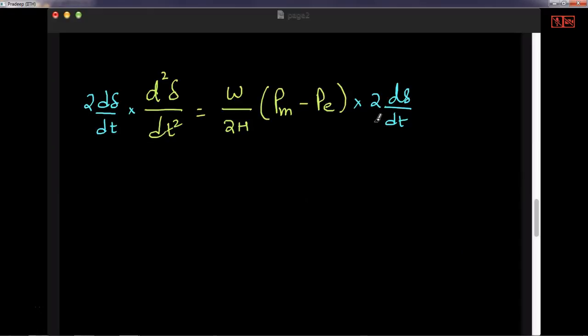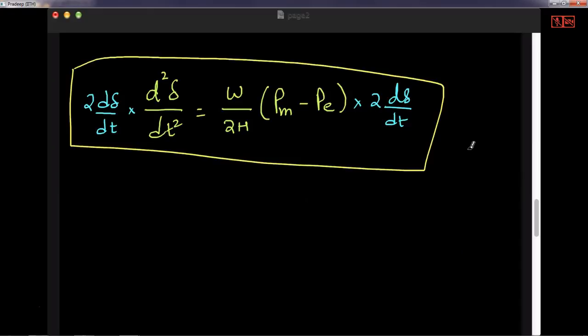Why I'm multiplying on both sides is just look at this. Let's call this equation 1. Just for this, what is the integration of 2x dx?